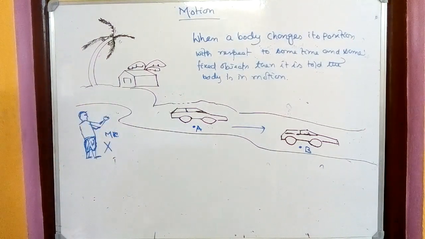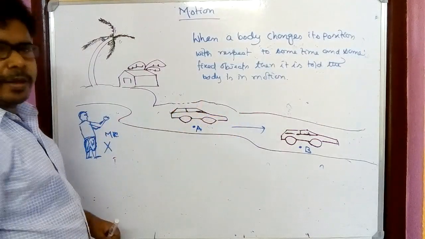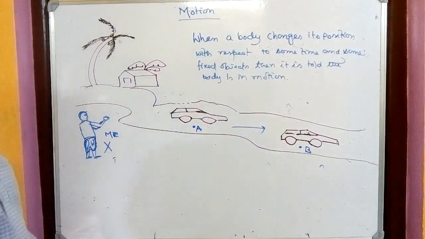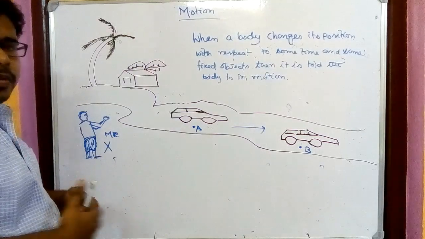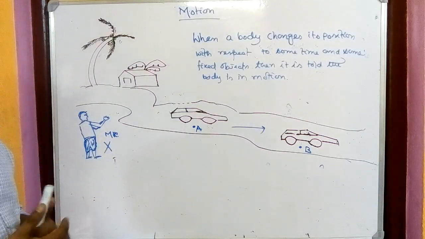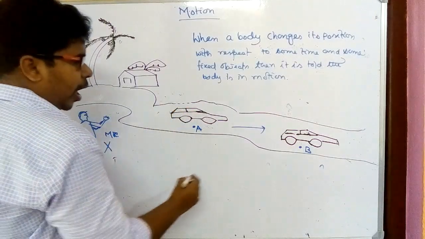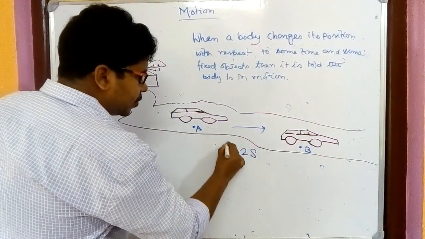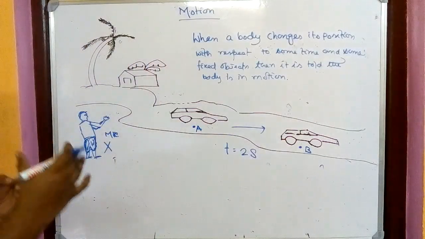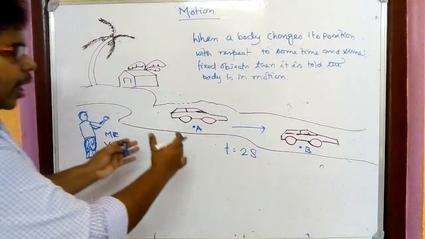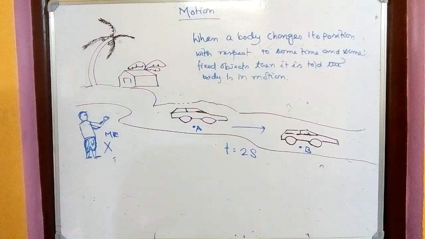Let's see. Here we have seen the car is moving. How do we understand? Whenever we have seen that with respect to some time, initially assume it is here, after 2 seconds the car is here. So after some time, the car is changing its position.